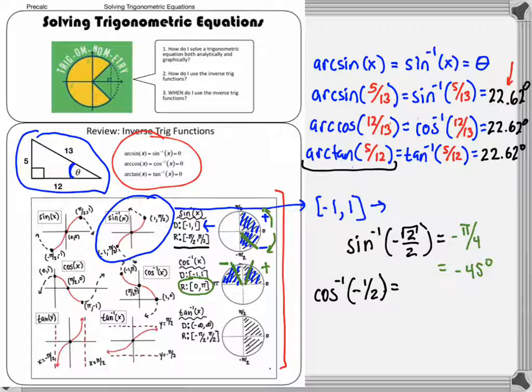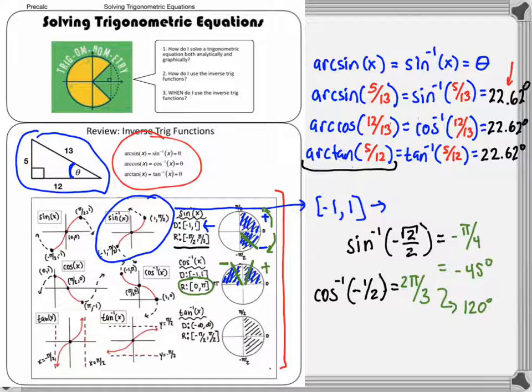So if I have 2/3 pi, when I put the -1/2 into the inverse cosine, it is going to give out 2/3 pi, or 120 degrees. Just like the cosine of 60 degrees would give me 1/2, the cosine of 120 degrees would give me -1/2. So we're just switching those around.